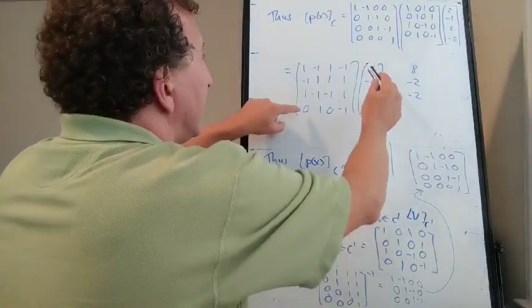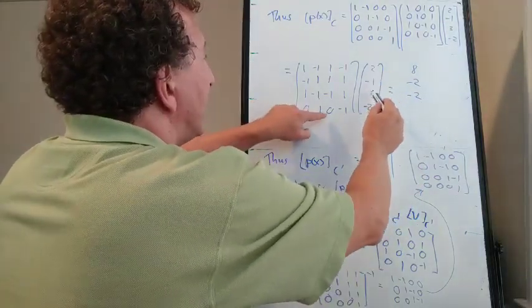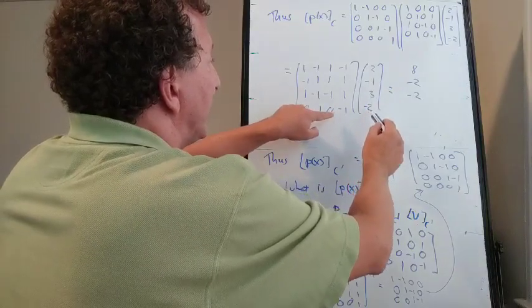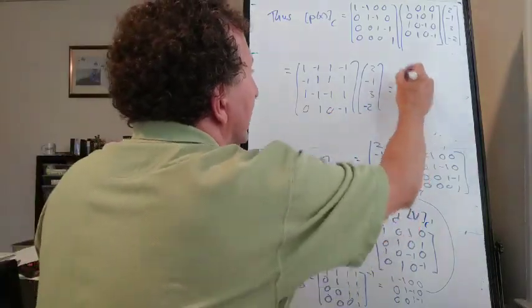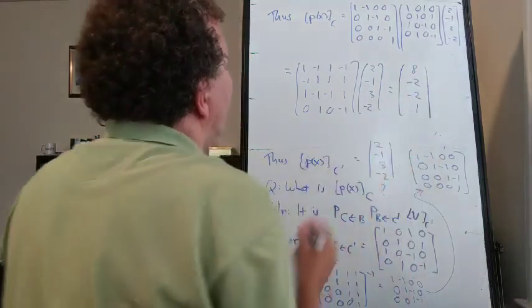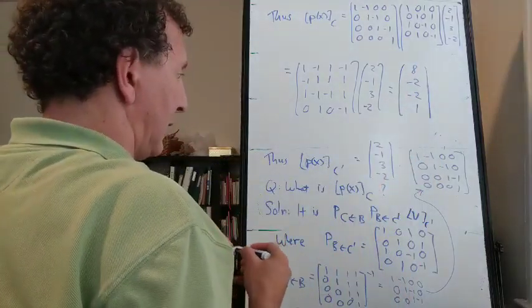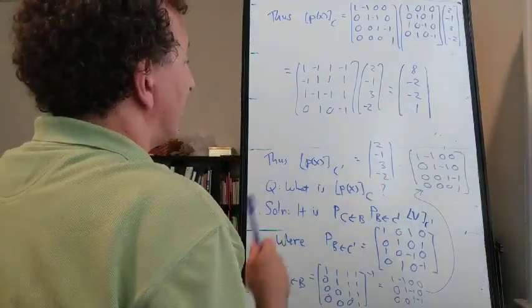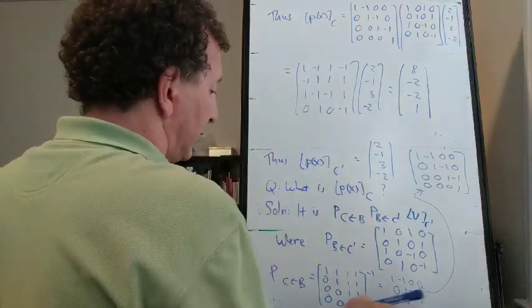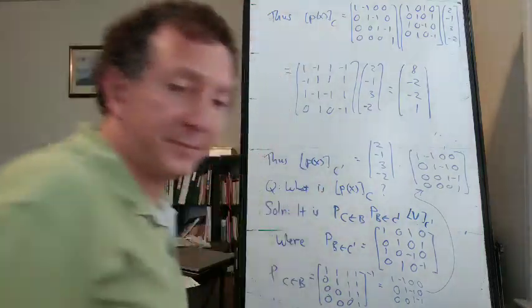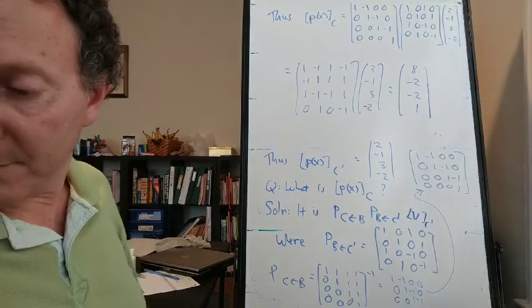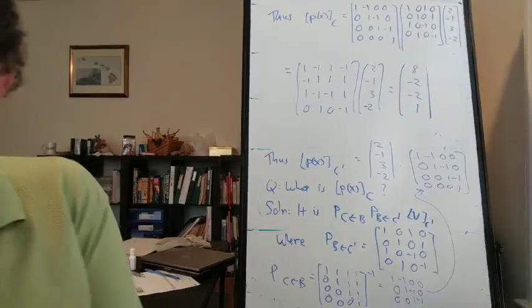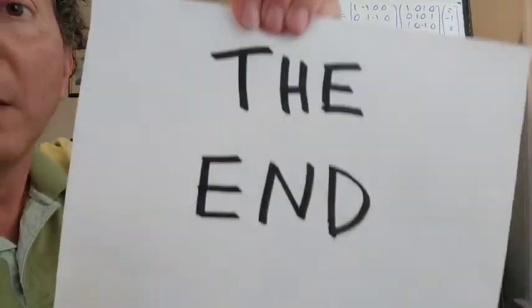And 0 minus 1 plus 2. Minus 1 plus 2 is plus 1. So there's the coordinate vector of our polynomial with respect to the basis C. The end.